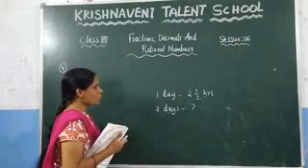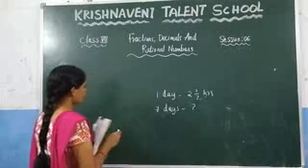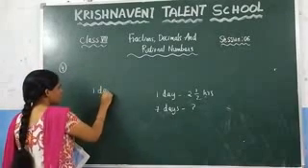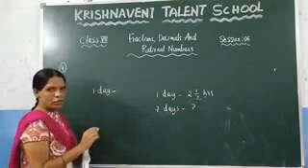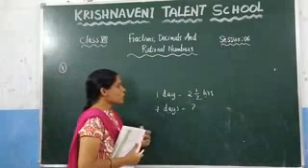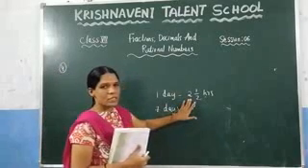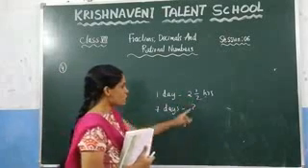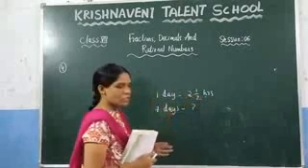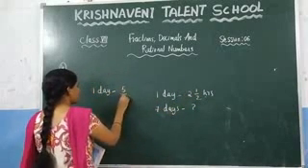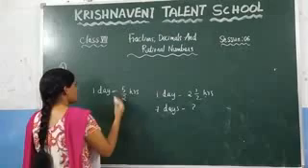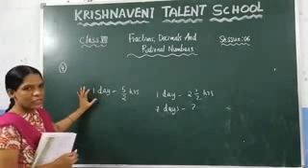Now, if you want to solve this one, we have given here in one day, she took how many hours? 2.5 hours. That means now you need to change this mixed fraction into an improper fraction. How do you change? 2 twos are 4 plus 1, which is 5 by 2. So, in one day, she is taking 5 by 2 hours on her embroidery.